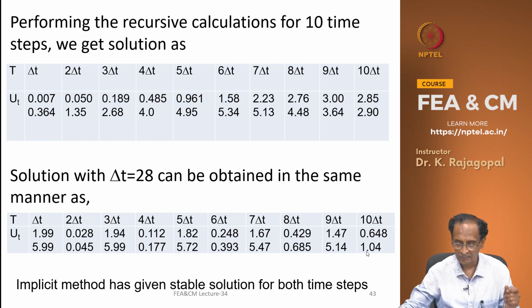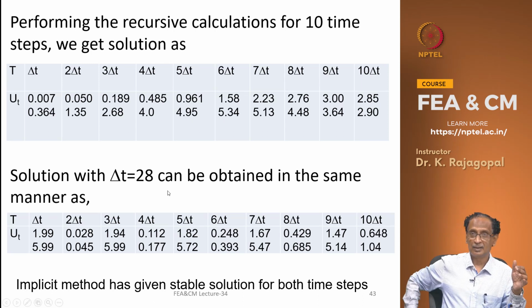So this shows the advantage of the implicit methods, particularly Newmark's method, and similar solutions you can get even with the Wilson theta method or the Houbolt method, both of which are very similar to Newmark's method.